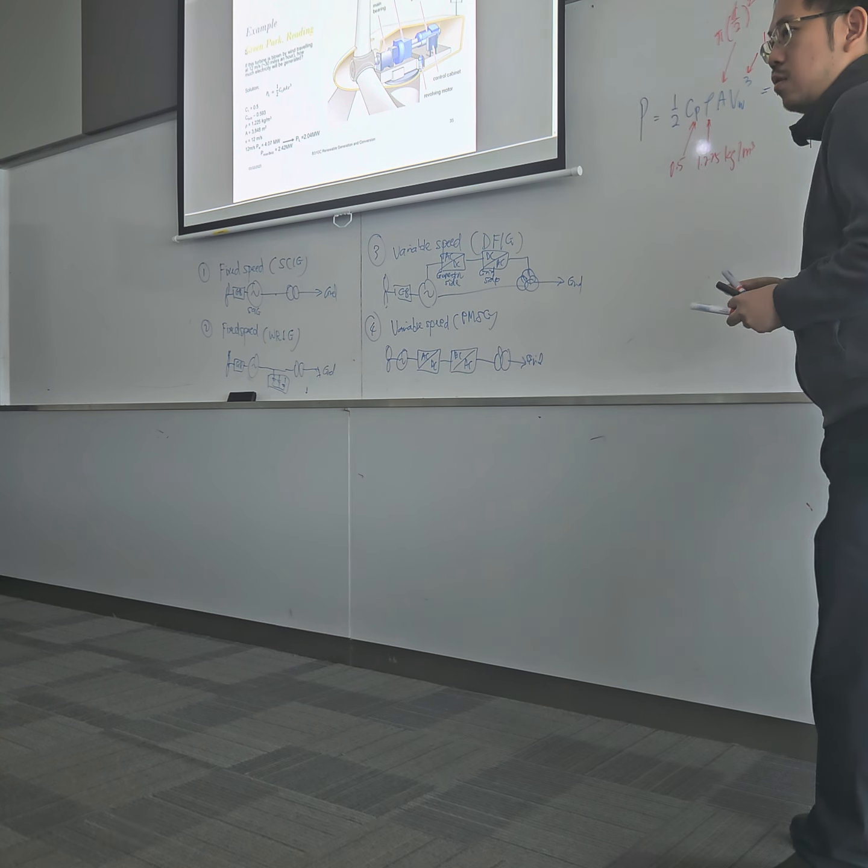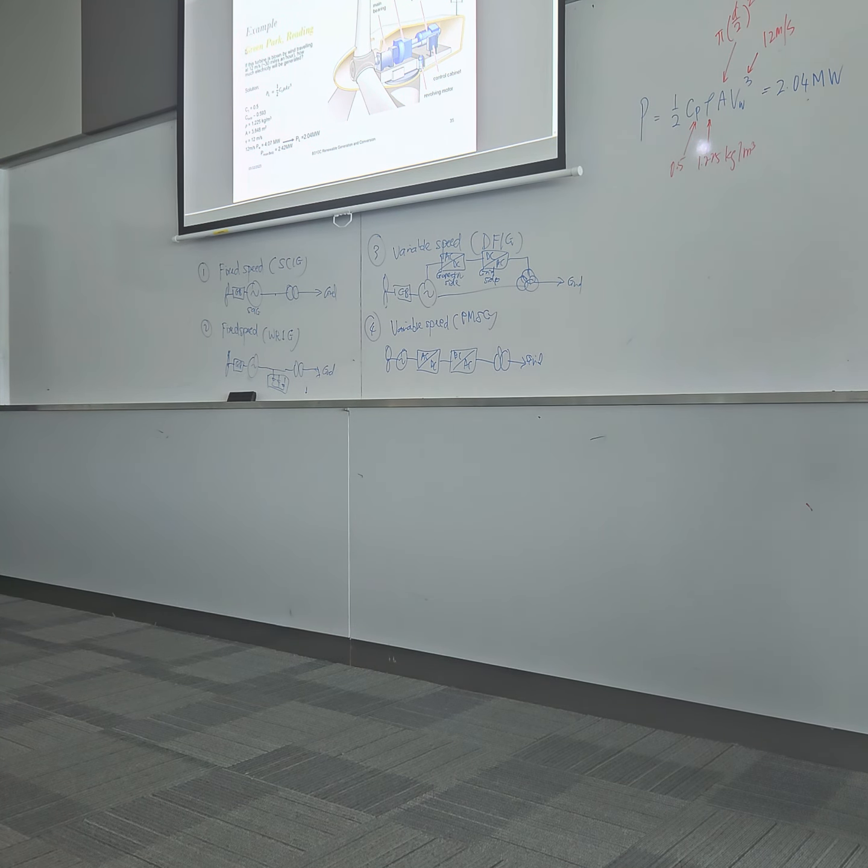Yeah. If you were to use the actual Betz limit, you should get 2.42, and without any Cp, you will get 4.07 megawatts. So everyone gets that?